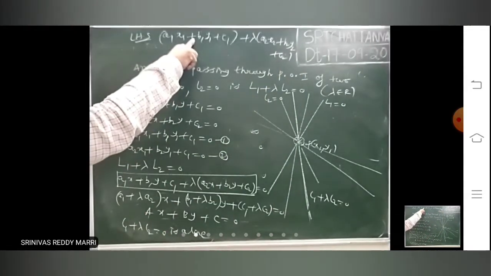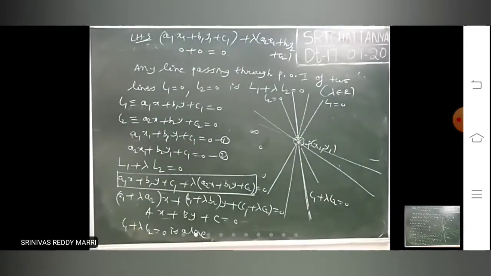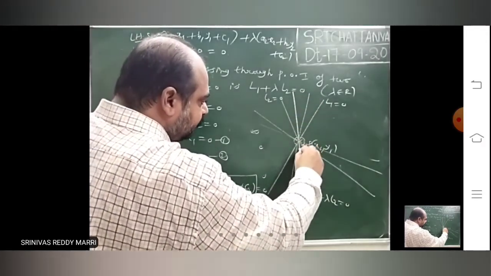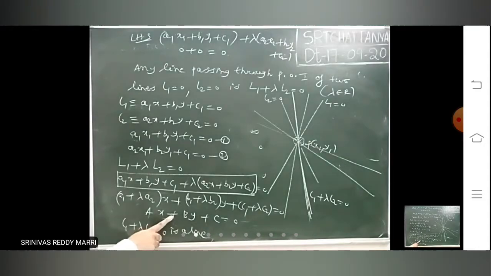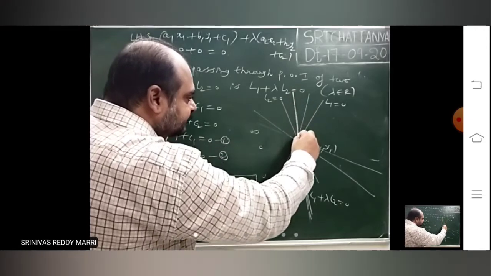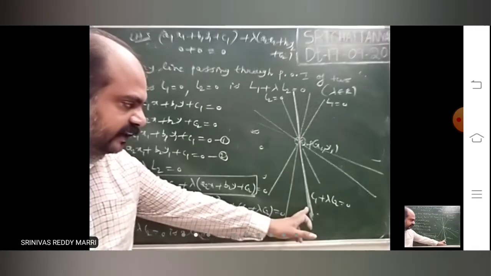This is 0, and this is 0, so 0 plus 0. That means you got 0. So x1, y1 is lying on this line. That means L1 plus lambda L2 equal to 0 represents a line passing through x1, y1, the point of intersection of L1 equal to 0 and L2 equal to 0.